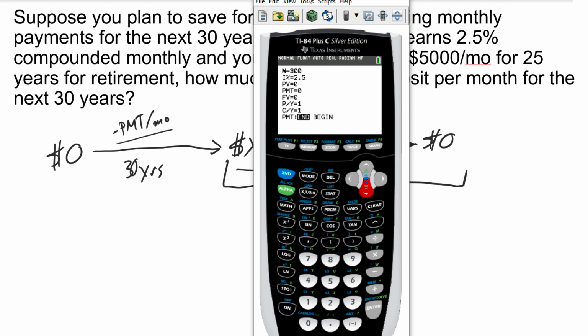How much do we need to have in the account to be able to withdraw that $5,000 per month? The payment is going to be a positive $5,000 a month because that's money coming out of the account. Future value is 0 because we want to end with $0. And then payments per year and compounds per year are 12. It doesn't mention anything about payments being made at the beginning of the time period, so we'll leave that at end. So what we're trying to solve for is our present value.